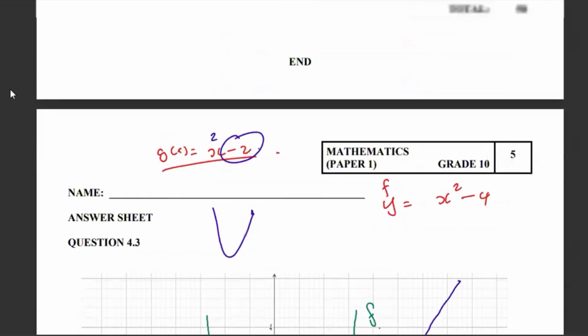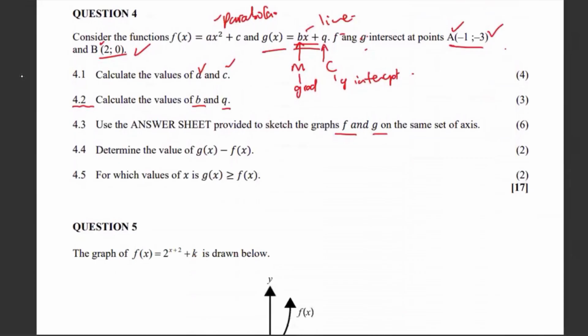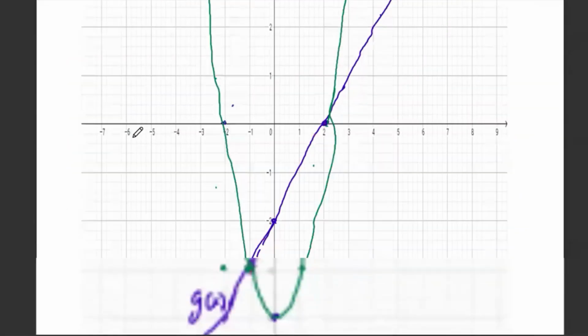Then the next question is now asking us to determine the value of g of x minus f of x. What this means is that we get the value when g is above, remember g is the straight line, and then f of x. Where do we find g, the straight line, to be above the parabola?